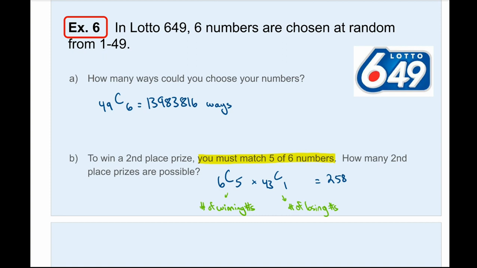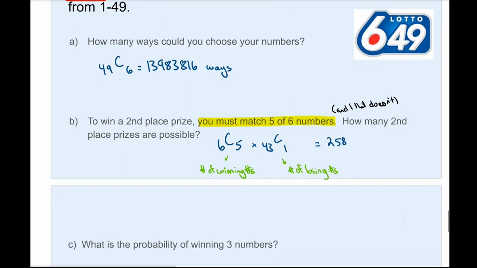So there are 258 combinations where I could match 5 of 6 numbers. So again, I have to think of matching 5 of 6 numbers, and one that doesn't. So 5 numbers match, 1 number doesn't. So that gets me my calculation, 258 ways.